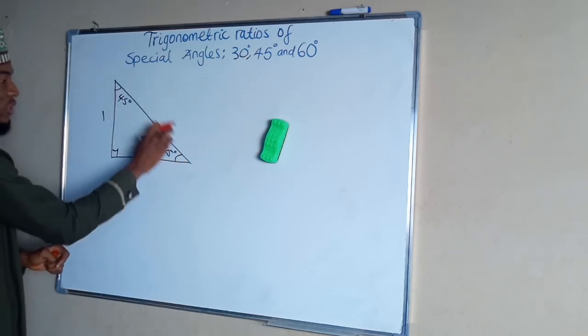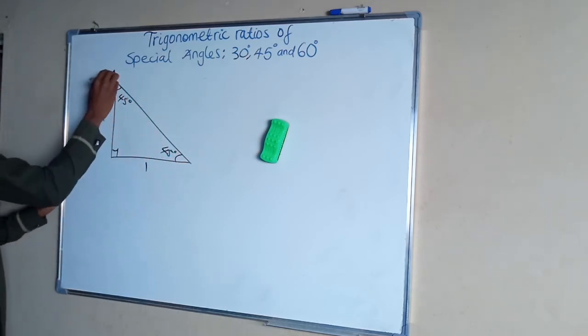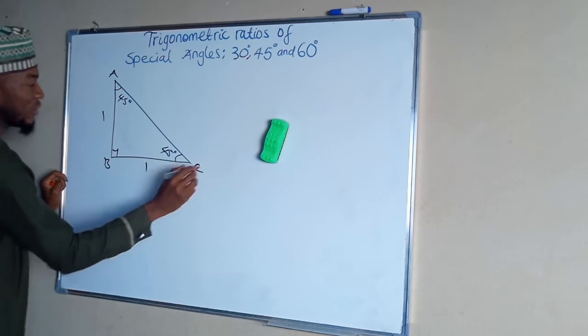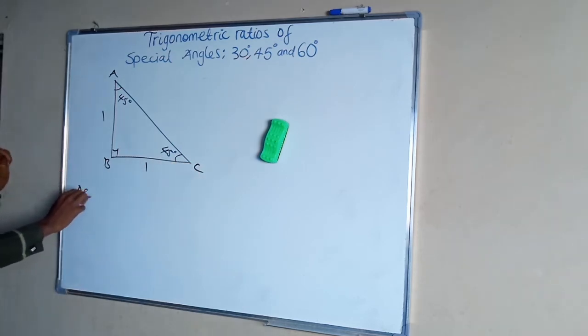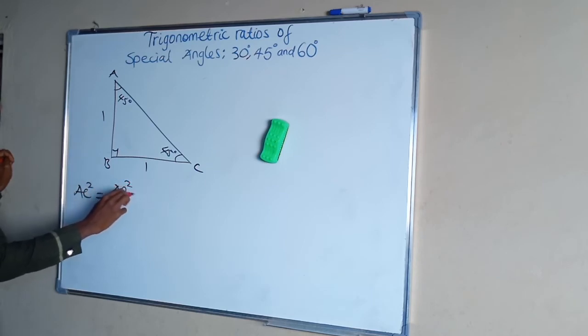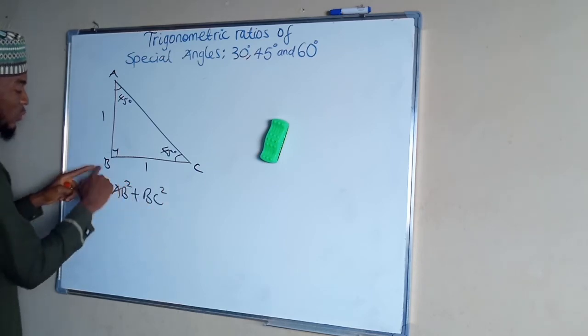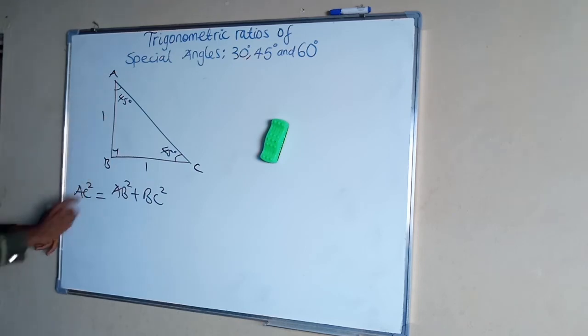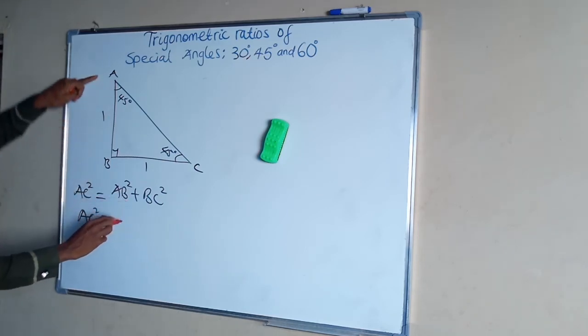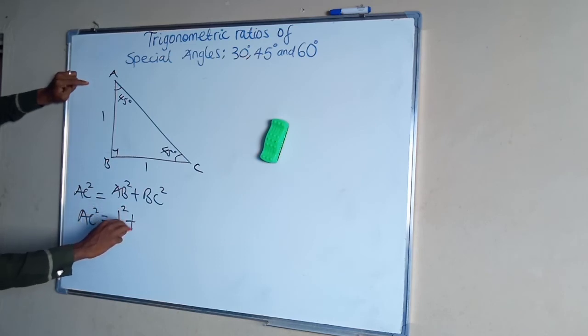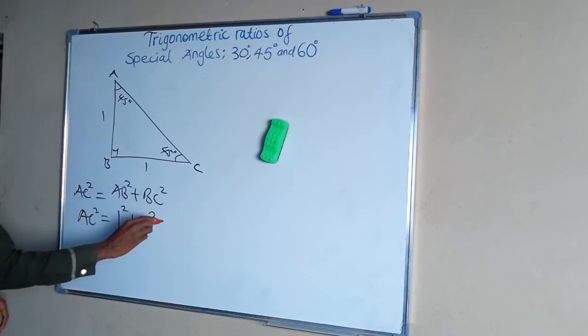So what is this hypotenuse? We need to find it. If this is A, B, and C, AC squared is equal to AB squared plus BC squared. And AC, we don't know, we are looking for that. AC squared equals AB squared, which is 1 squared, plus BC squared, which is also 1 squared.